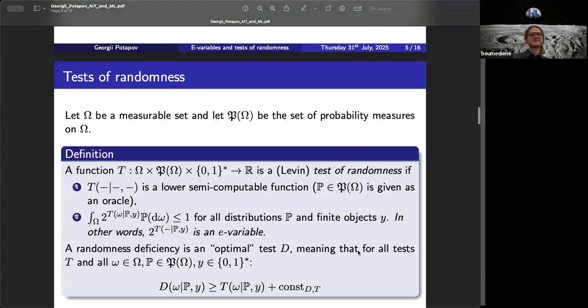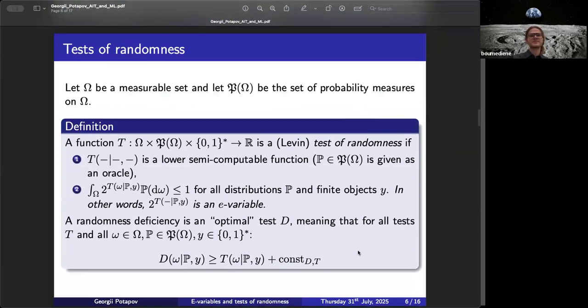Okay, now let's talk about something more familiar, tests of randomness. As I see here on our conference, we mention Martin-Löf tests of randomness slightly more often, but my talk is focused on Levin tests of randomness, and it is essentially a lower semi-computable e-variable.